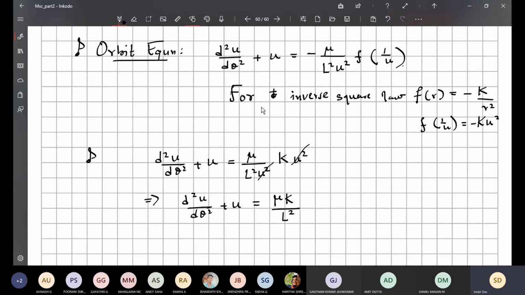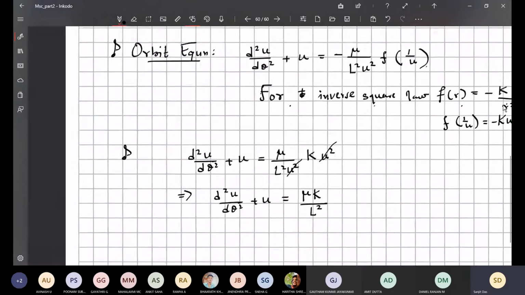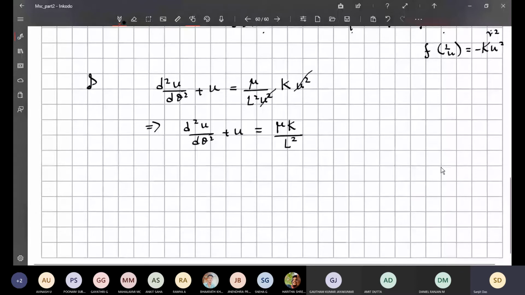This equation looks like what? Can anybody tell me, Poonam? This equation looks like which equation? The standard equation which you have done in your plus 2 level. x double dot plus x is equal to 0.